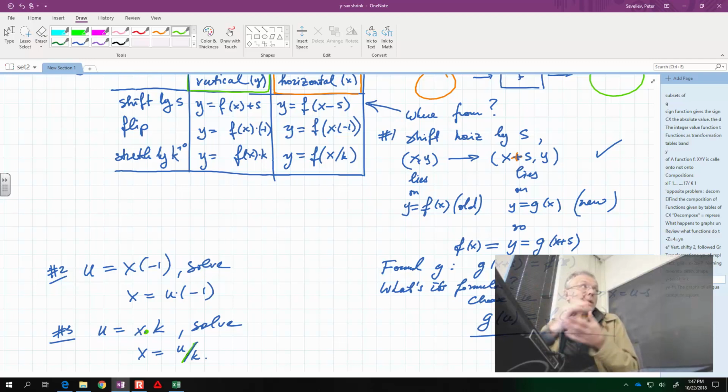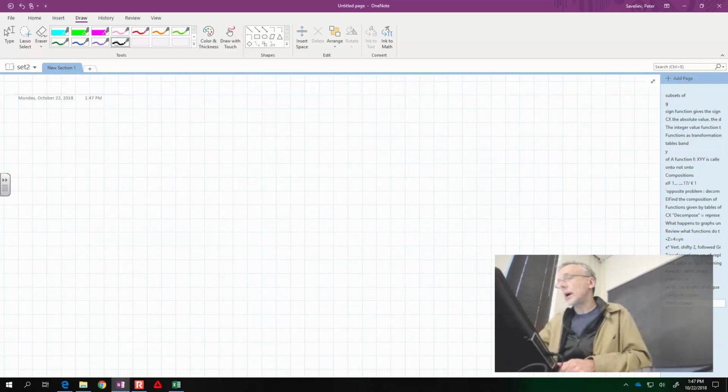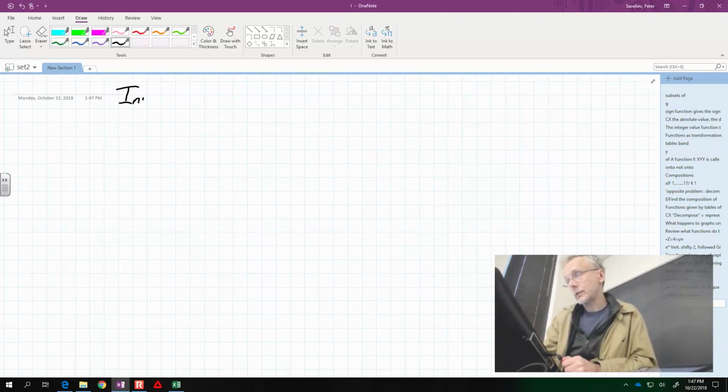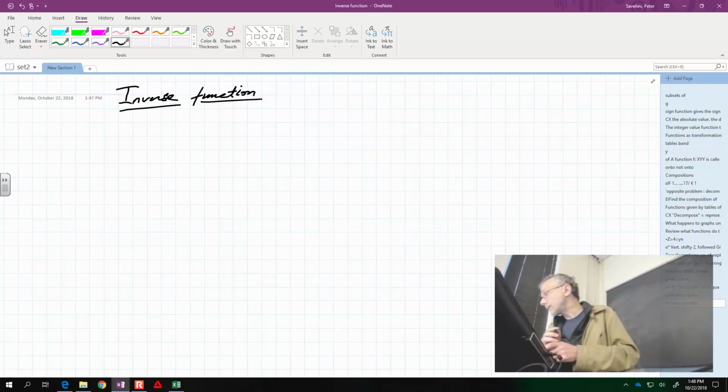Another way is just to think about transformations. You stretched. How do you undo the stretch? You shrink. If you shift it left, how do you undo it? You shift right, and vice versa. So that topic is called inverse functions: functions that undo the effect of each other.